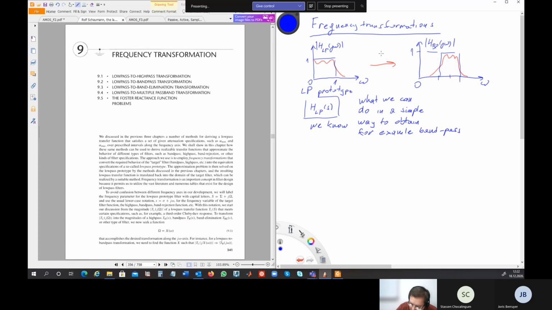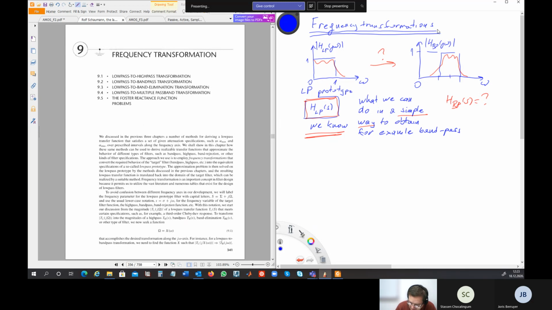So now this is the question, how to do it. We know this. And what we can do in a simple way to obtain H bandpass of s. So this is what we want to research today.